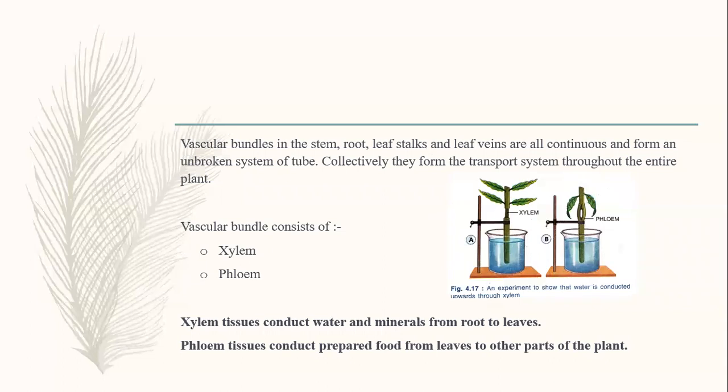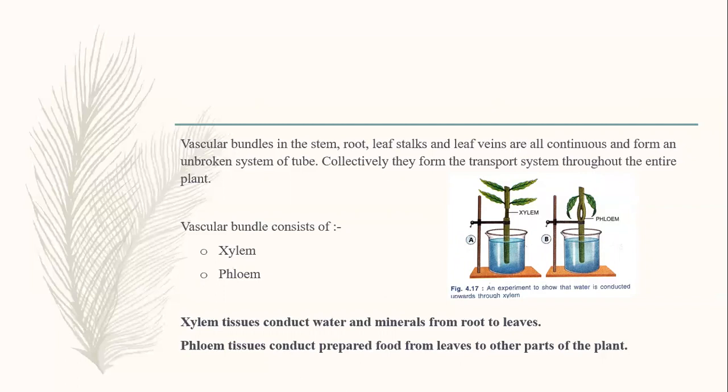The vascular bundles in the stem, root, leaf, leaf stalk, and leaf veins are all continuous and form an unbroken system of tubes. Vascular bundle contains xylem and phloem. Xylem is present in the woody part of the stem and phloem is present in the bark region of the stem.